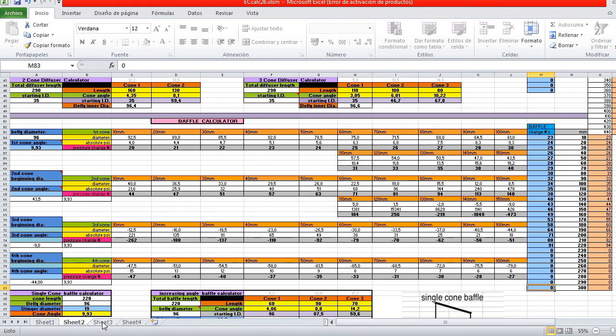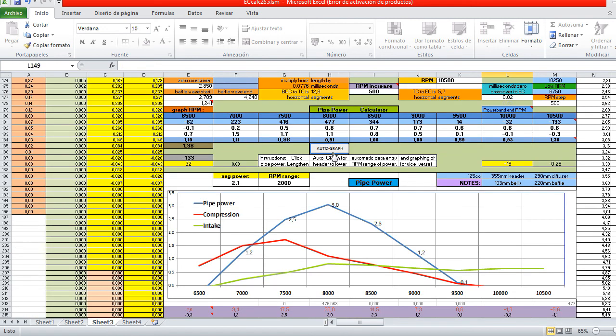So you enter all the numbers, you go to sheet 3, you click on this, you look at how the power band is. If you don't like it, you might want to take a note of these numbers, and maybe even, well, ideal would be to take a screenshot, but a lot of people don't know how to do that, and it's not that easy on Windows. I think you need a separate program to do that on Windows, and there are free ones on the internet to use.